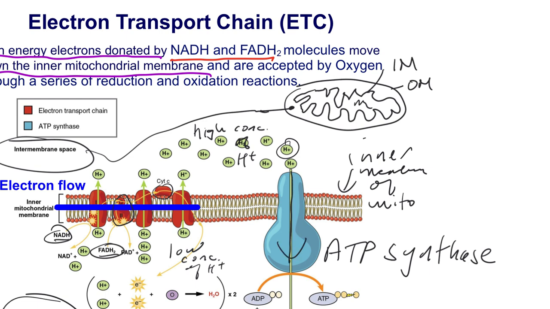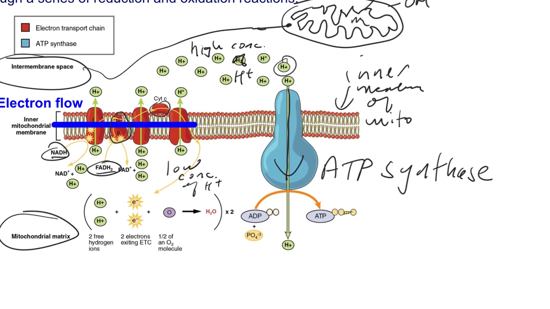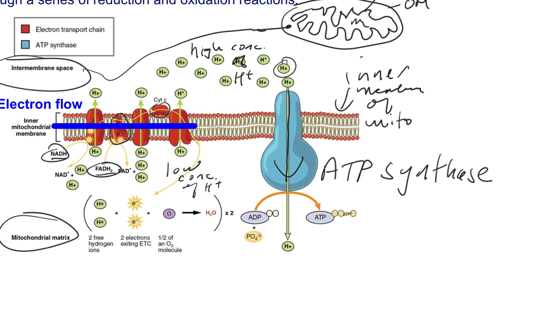That's not active transport. They will diffuse through this big enzyme, and when you diffuse, you release energy. That energy is used to charge up ATP. So eventually, the energy is stored in the ATP molecules.